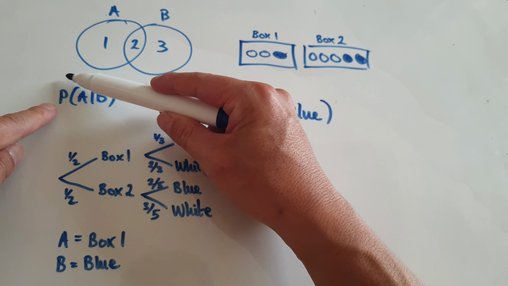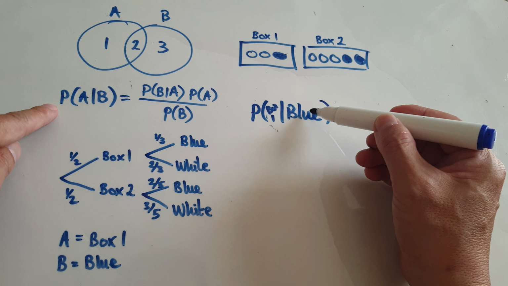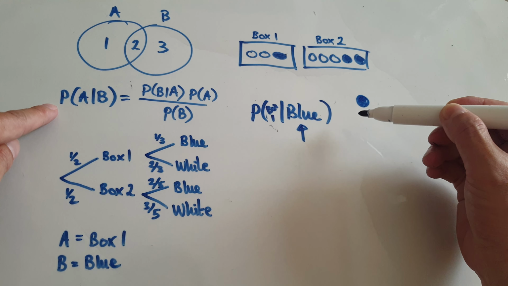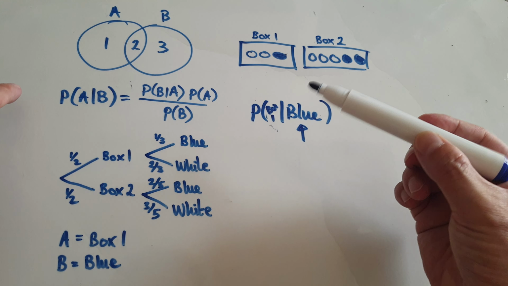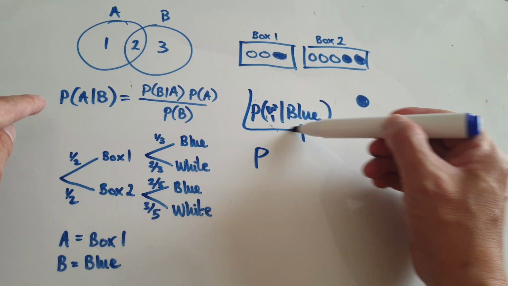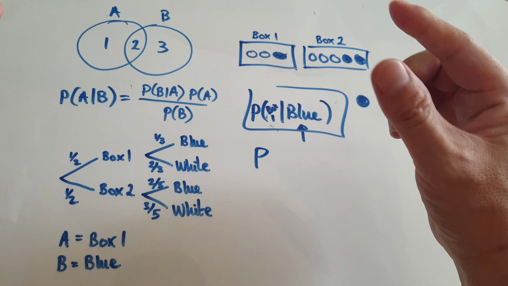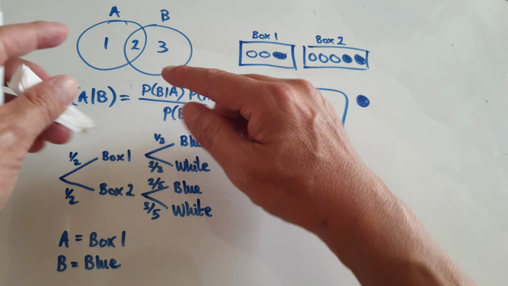You actually need Bayes' theorem to work this out. So given that you picked a blue ball, what's the probability that it was box 1? So basically you're trying to find this thing here. So let's try and do this without Bayes' theorem, and then I'm going to show you how you can use Bayes' theorem to work it out so that you can understand what's going on here.